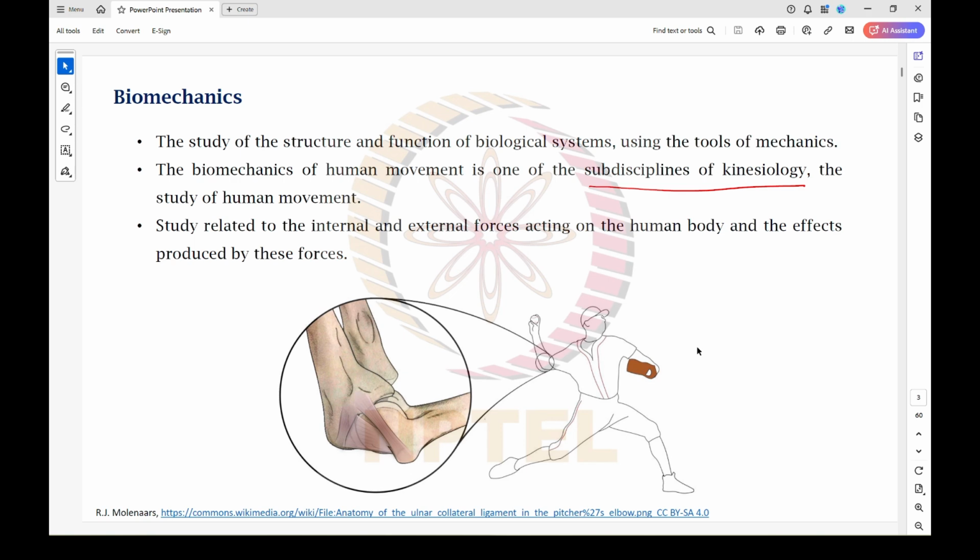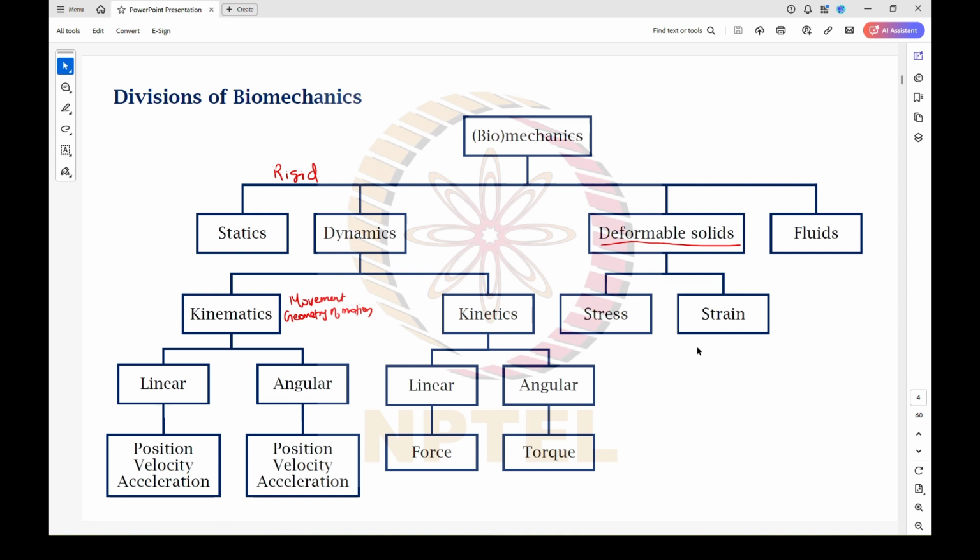Basically, it's a study related to internal and external forces acting on the human body and its effects produced by other forces. Now, biomechanics is divided into multiple subdivisions, as is mechanics.